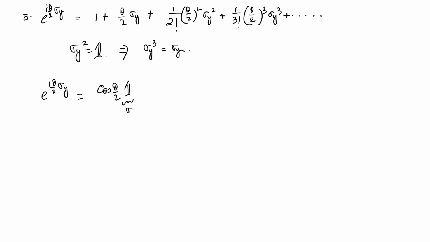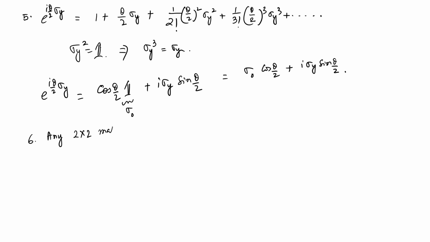This 1 is often called sigma 0, the identity matrix. The odd powers give sigma y and the expansion of the sine function. So this is equal to sigma 0 cosine theta by 2 plus i sigma y sine theta by 2.